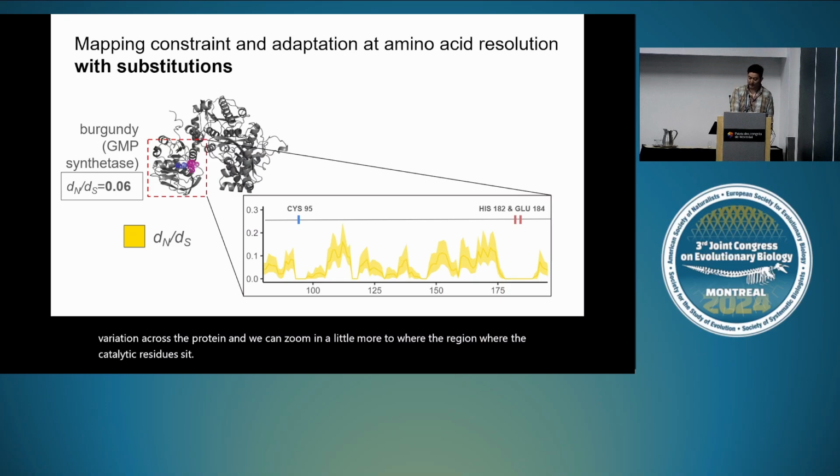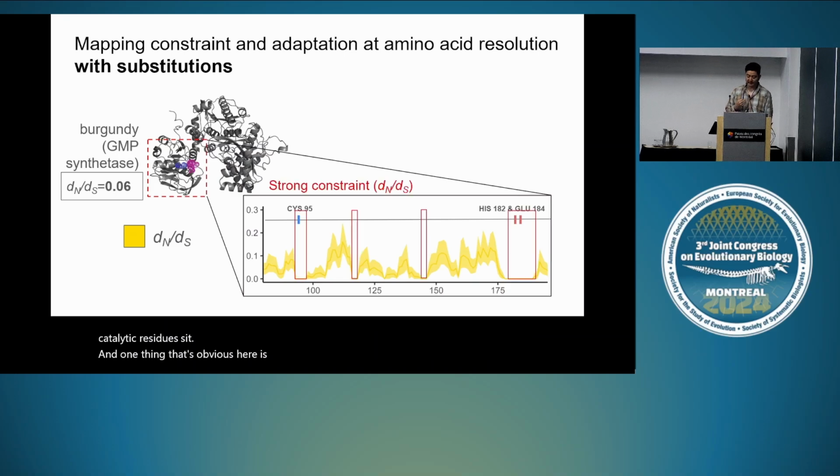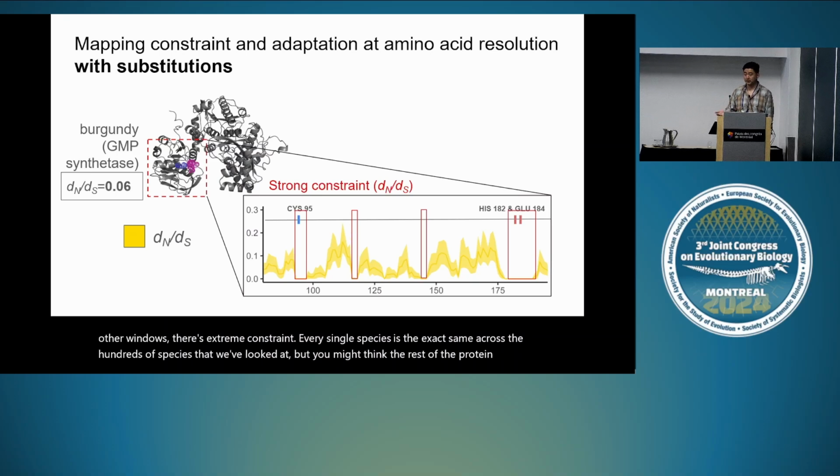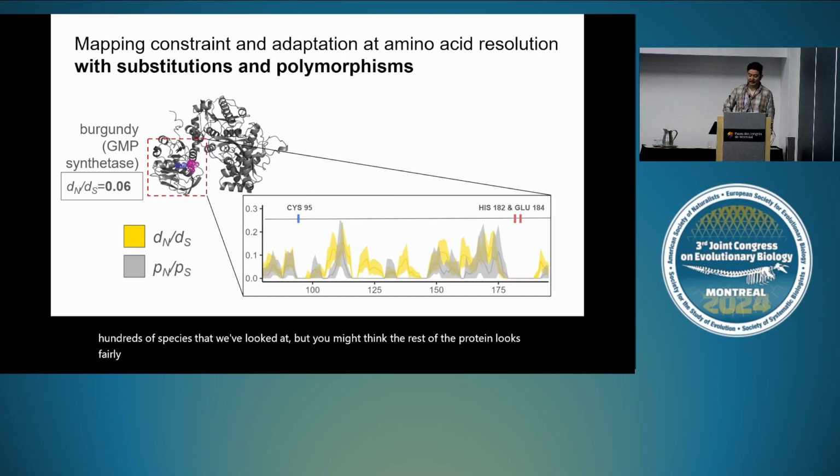And one thing that's obvious here is that right around the catalytic residues and a couple of other windows, there's extreme constraint. Every single species is the exact same across the hundreds of species that we've looked at. But you might think the rest of the protein looks fairly unremarkable. But what if we layer the population genetic data on top of that?